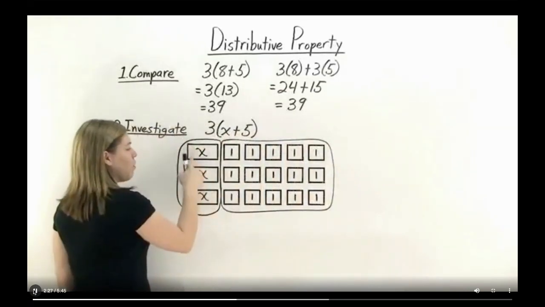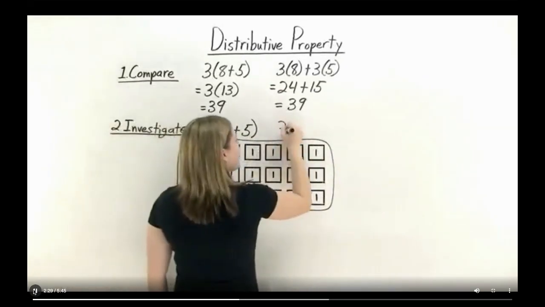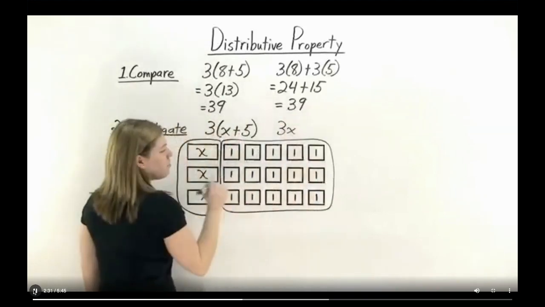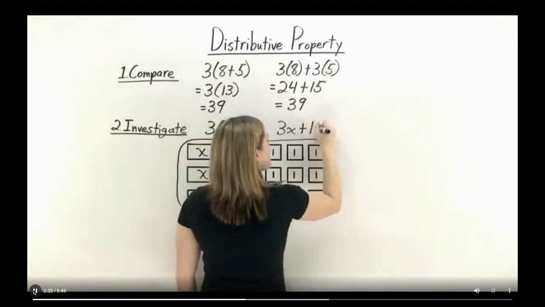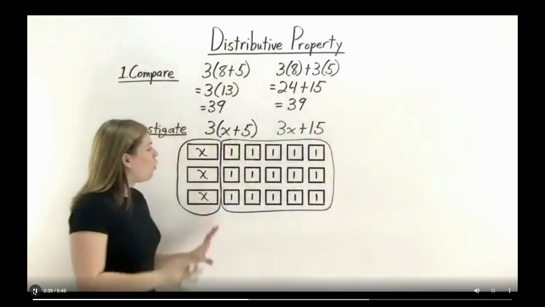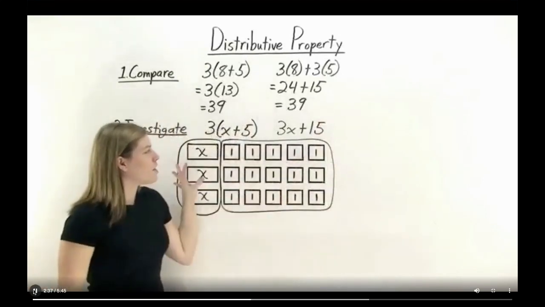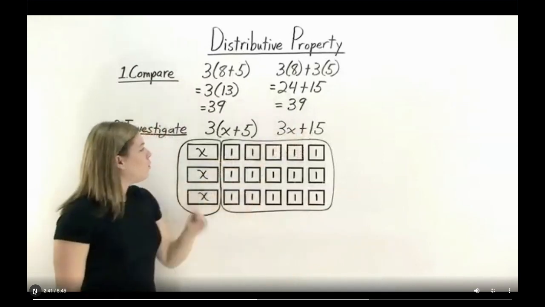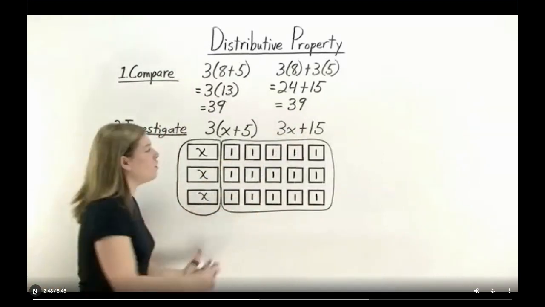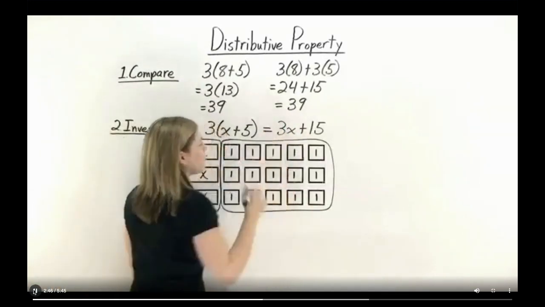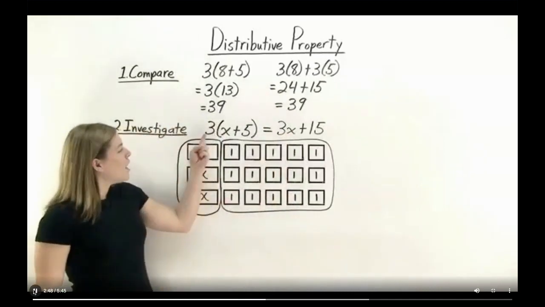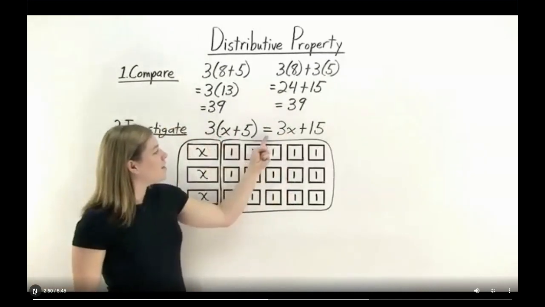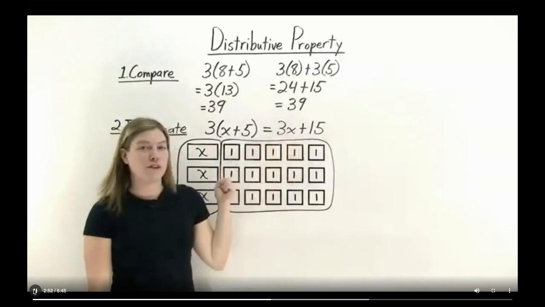Here we would have 1, 2, 3 x's, and if we count up these tiles, that's 15 tiles. So we could also write out these same algebra tiles with the expression 3x plus 15. Since we've used the exact same algebra tiles, these expressions are equal. 3 times the quantity x plus 5 is the same thing as 3x plus 15.